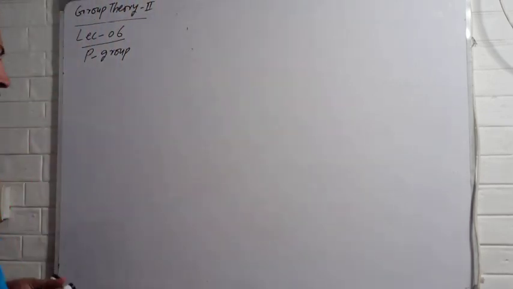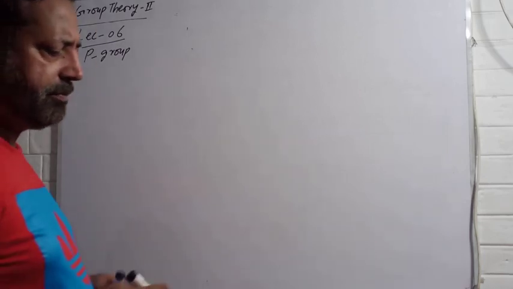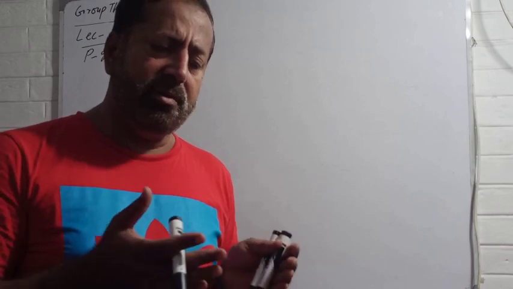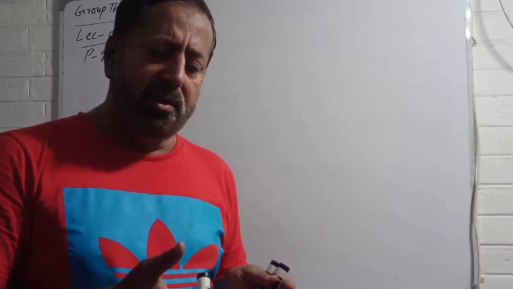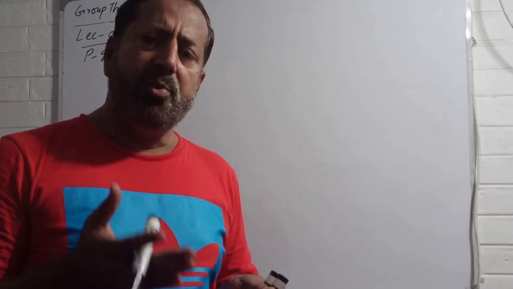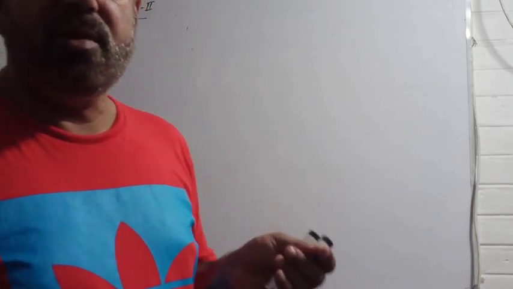Next idea is the center of a p-group. It's a very well-known result because we want to move towards Sylow's theorems, and we have some special results to prove Sylow's theorem. One of the popular results is that the center of a p-group is non-trivial. What do we mean by non-trivial?